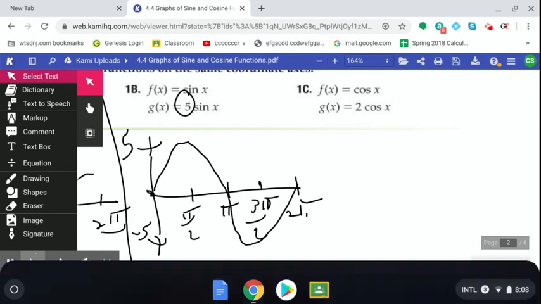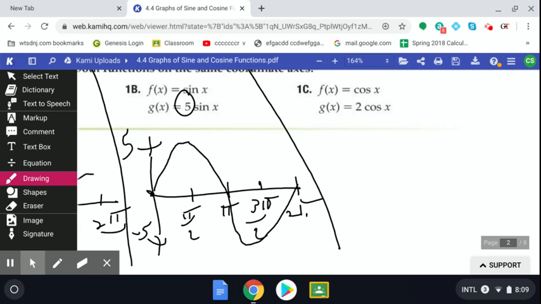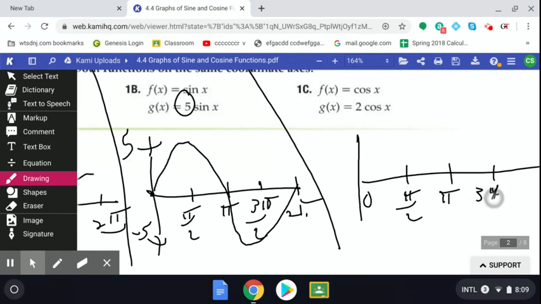And then over here, we have cosine x, positive 2 cosine x. So once again, on the x-axis, I'm going to have 0, pi over 2, pi, 3 pi over 2, and 2 pi.